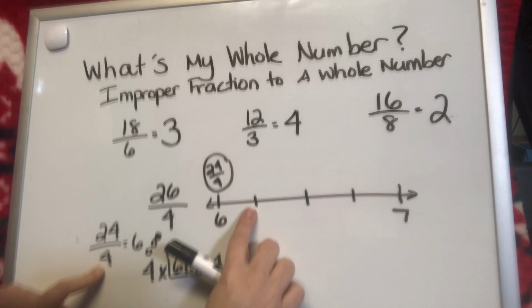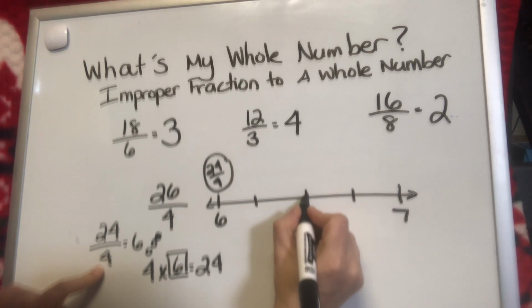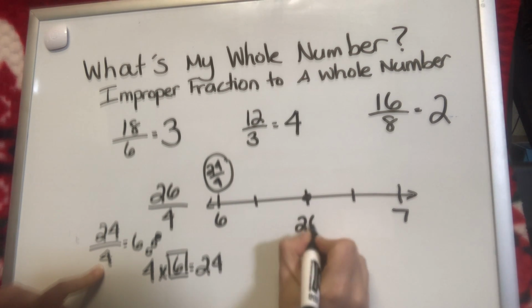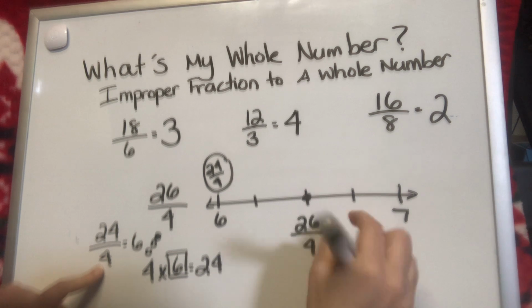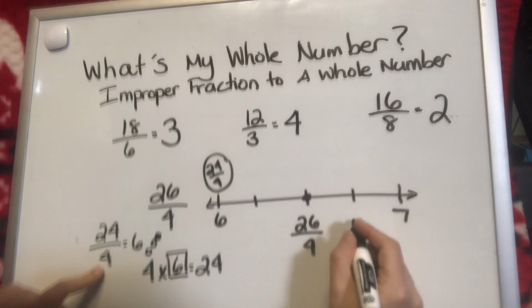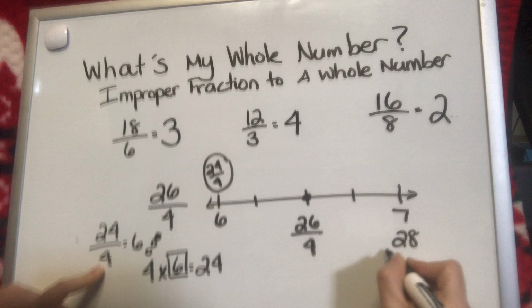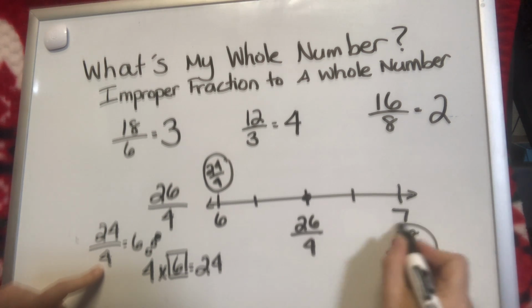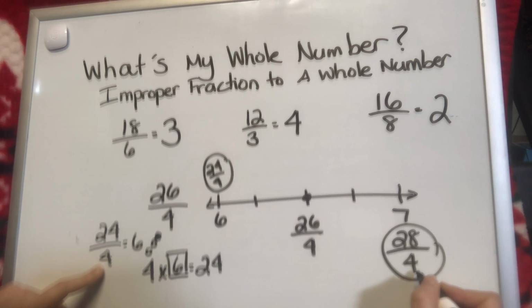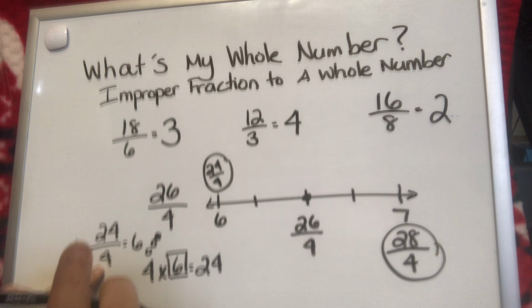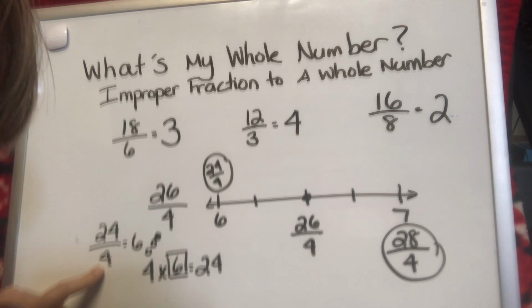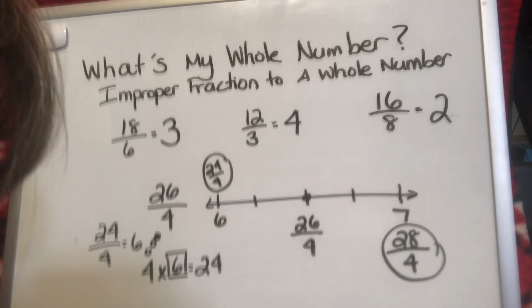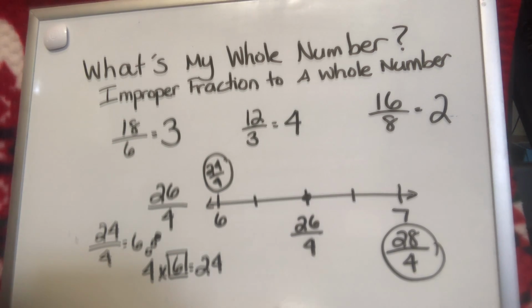This would be 25. This would be 26. This would be 27. This would be 28 fourths. And is 28 divided by 4 equal to 7? Yes, so check. Right? All right, let's try another one.